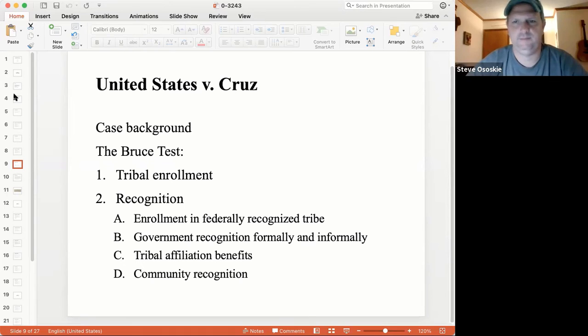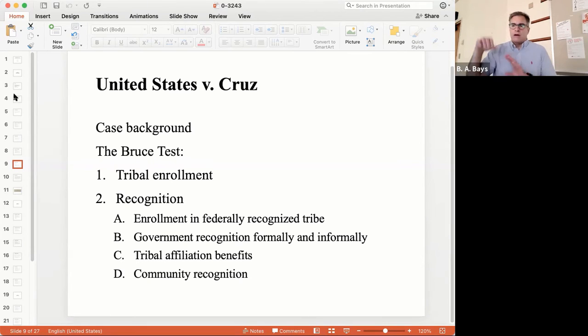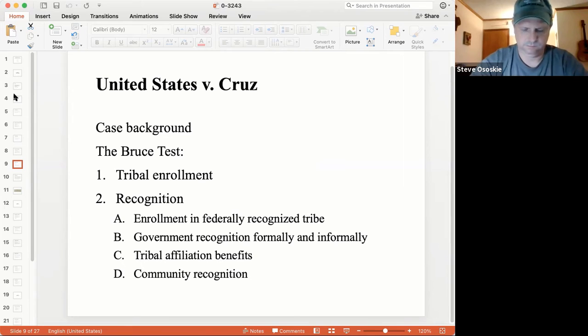So it was the government standard, and in the case of Cruz, it's not a really important case, but it's an example of how the government failed its own test. We're going to actually see some more examples of that today, which is kind of refreshing.